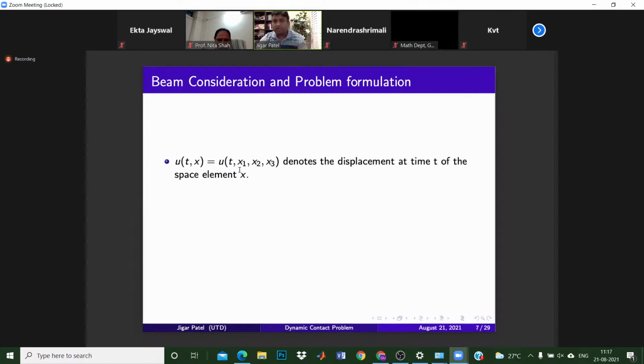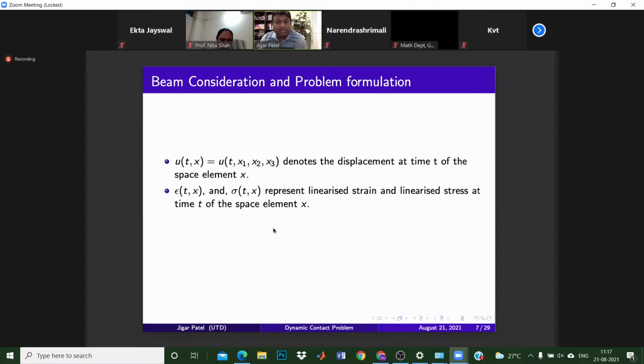It is important to keep this in mind because we are going to discretize this u variable very soon. All right, so that discretization will help us do the computation numerically.